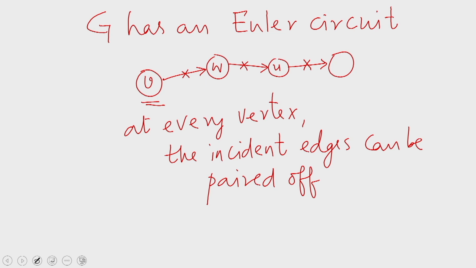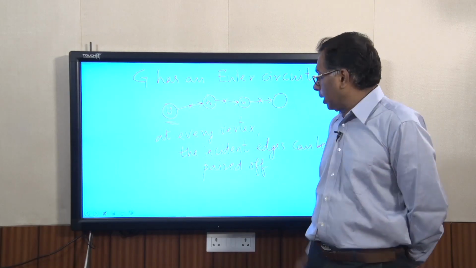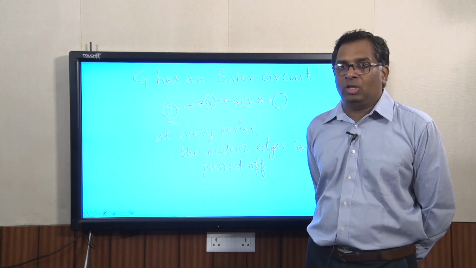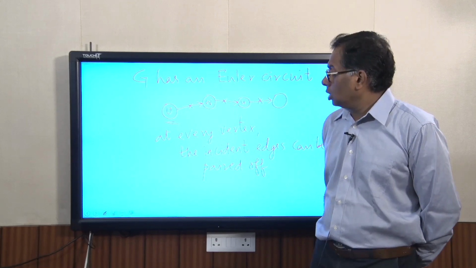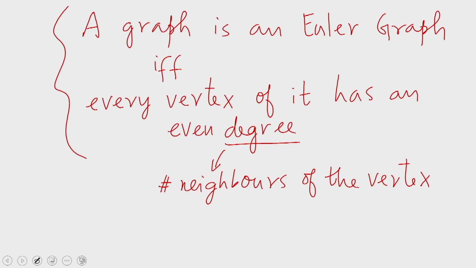At the start vertex V, we start through an edge. This edge will be paired off with the last edge through which we come back to V. So, at V also we managed to do this. The incident edges are all paired off, which means every vertex in the graph has an even degree, which proves the statement in one direction. That shows that if the graph is an Euler graph, then every vertex of it has an even degree.